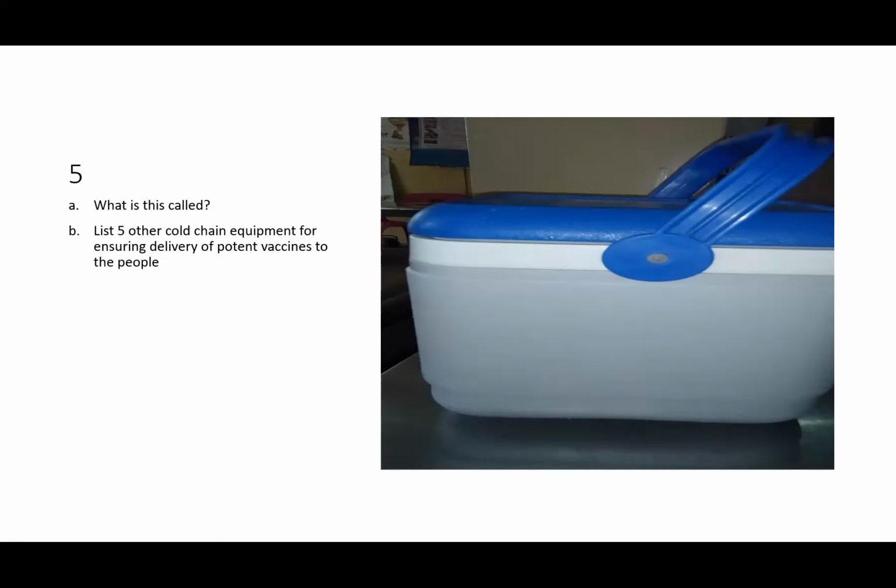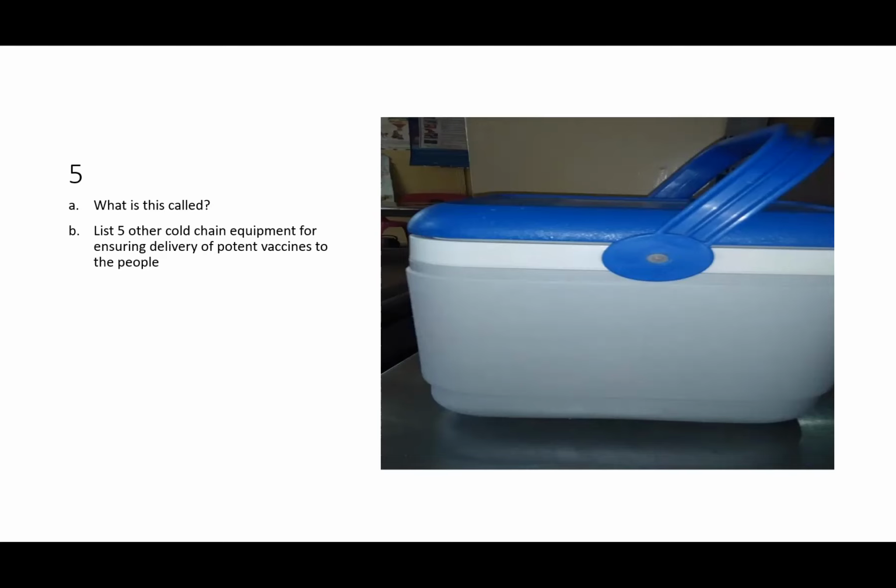You will be wondering what food flask is doing there. But if it's something to write short notes on, you will get a clue. Like from this B says, list 5 other cold chain equipment for ensuring delivery of potent vaccine to the people. So when you see this, you already know it's all about maintaining a cold chain.